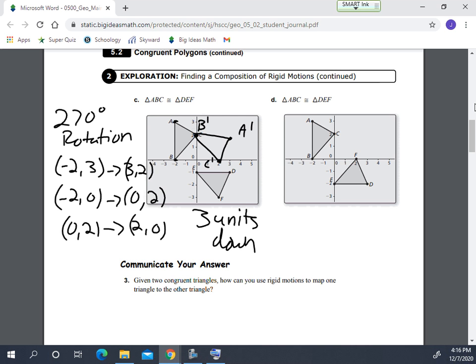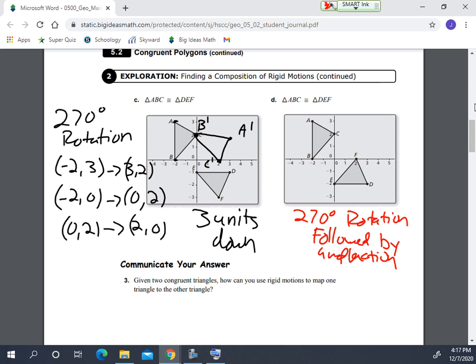And then part D, I'm going to go quickly here. It's just a 270-degree rotation followed by a reflection. I know that is terrible handwriting, and I'm sorry.